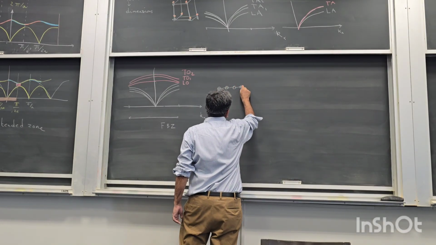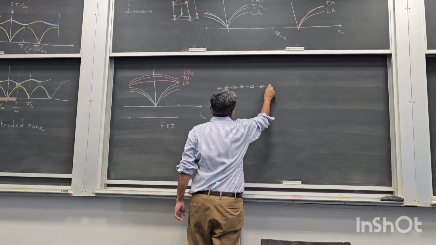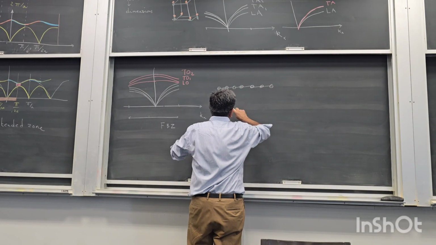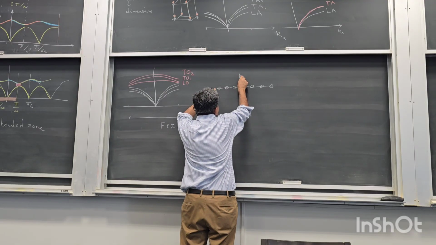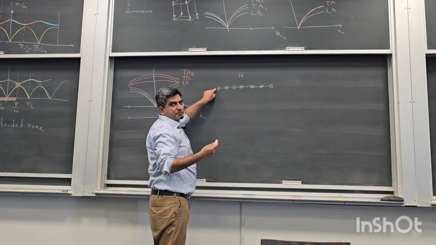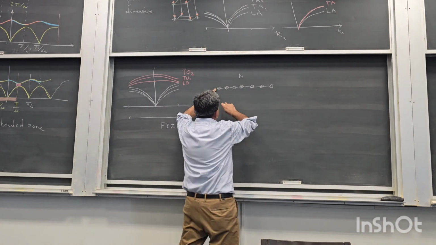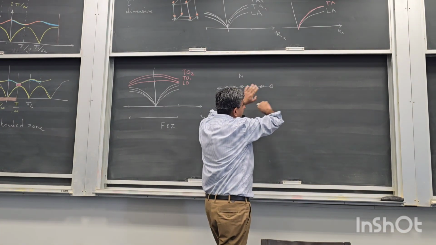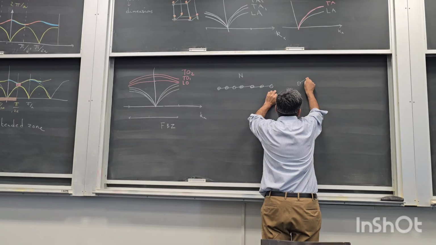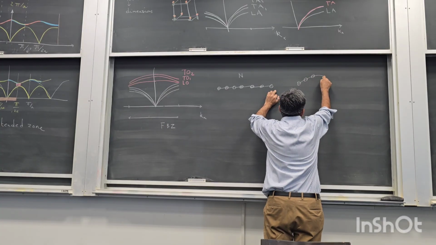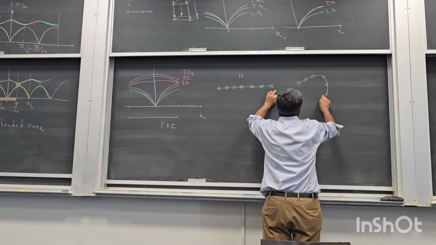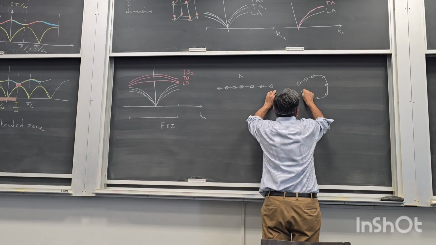I'm not drawing the springs because that is symbolism anyway. So if I take this chain which has N atoms, N is supposedly very large, I can find out the quantization by wrapping this chain of atoms on a ring, right?